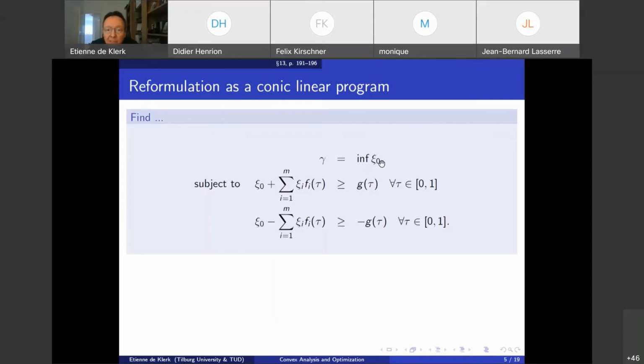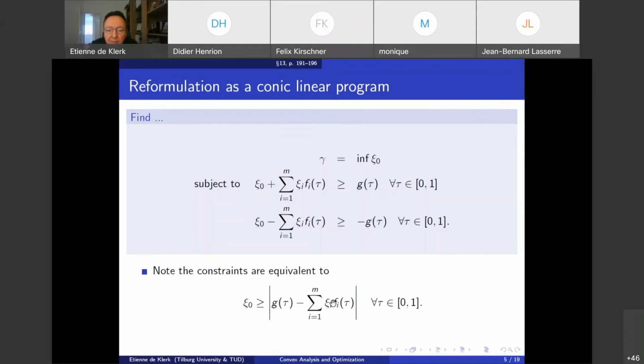I'm going to minimize some scalar variable psi0, and then enforce by these two conditions that psi0 is greater equal than this absolute value for all tau, which just means that psi0 will always be greater equal than the infinity norm of the function g minus this function here.